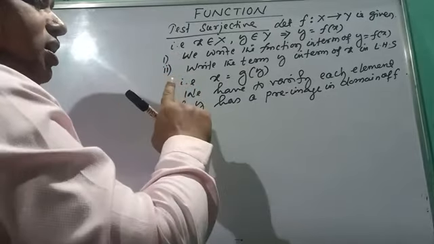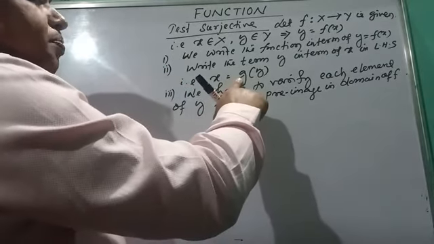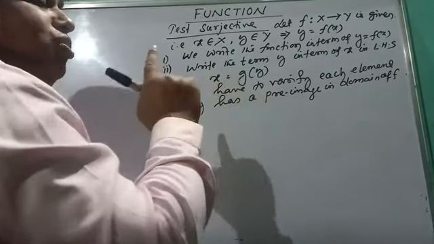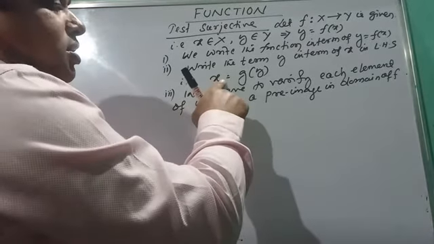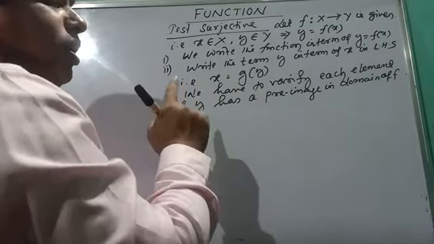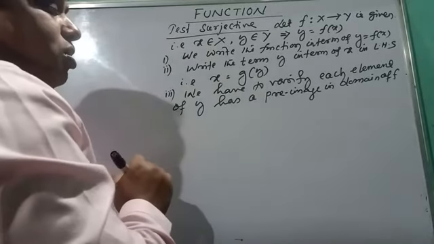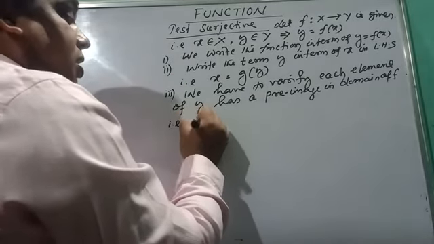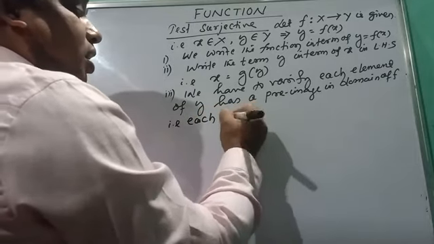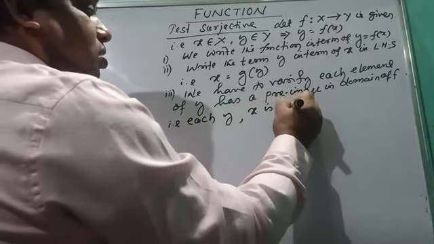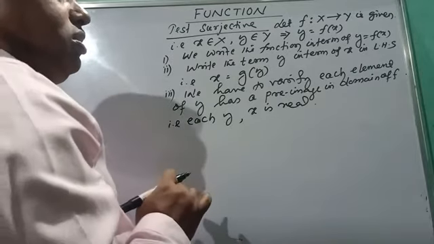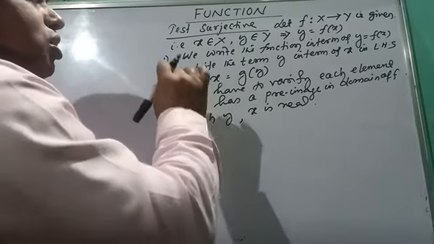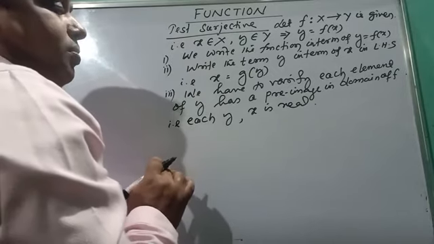If each element of Y has a pre-image, that is, x is real, then it is said to be a surjective function. That is, if for each y, x is real, then f is said to be surjective. In this procedure, you can test for surjective.